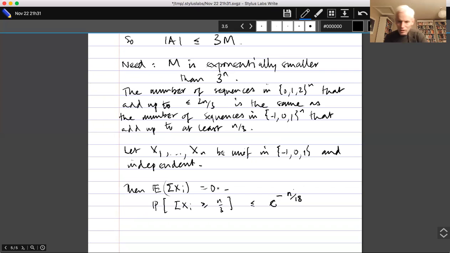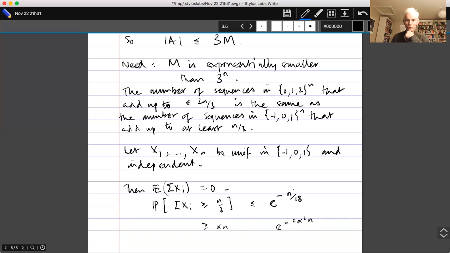But I think we can probably do better than that, even using the bound that I did earlier in the course. We can certainly do better than that in general if you work out what the right exponent is. That's known. But at any rate, it's exponentially small, and I'm using that the probability that it's at least alpha n is at most e to the minus some constant alpha squared n.